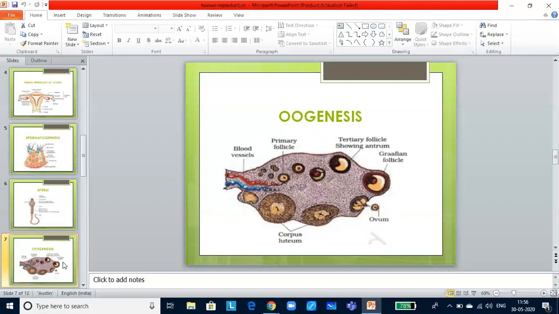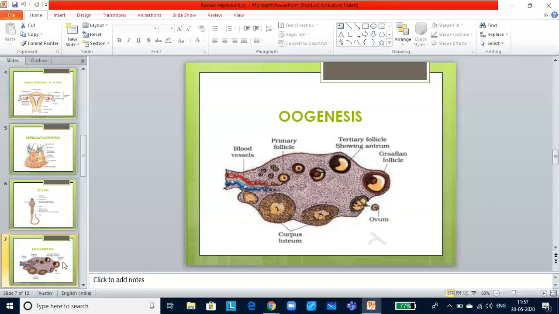The gamete mother cell will start division and enter prophase 1 of meiotic division and gets temporarily arrested at that stage, and then it is called a primary oocyte. Each primary oocyte gets surrounded by a layer of granulosa cells forming a primary follicle. At puberty, about 60,000 to 80,000 primary follicles are left in each ovary.